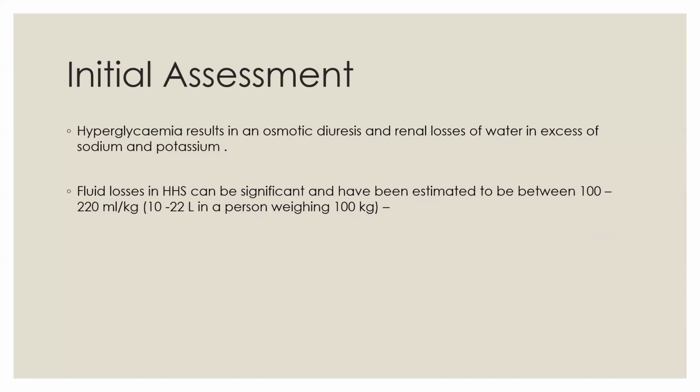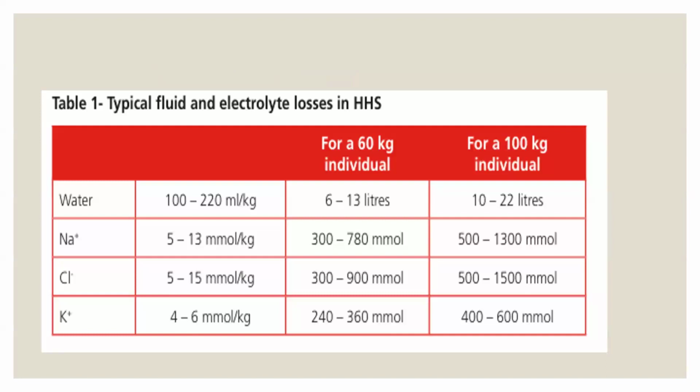So, regarding initial assessment, hyperglycemia results in osmotic diuresis and renal losses of water in excess of sodium and potassium. Fluid losses in HHS can be significant and have been estimated to be between 100 to 220 ml per kg. That is approximately 10 to 22 liters in a person weighing 100 kg.